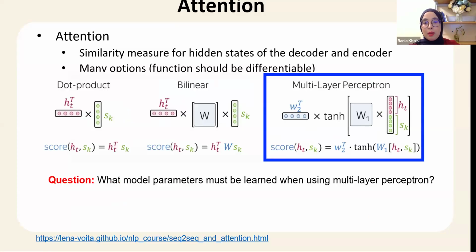So when it comes to the MLP approach, we have two learnable parameter matrices, W1 and W2.